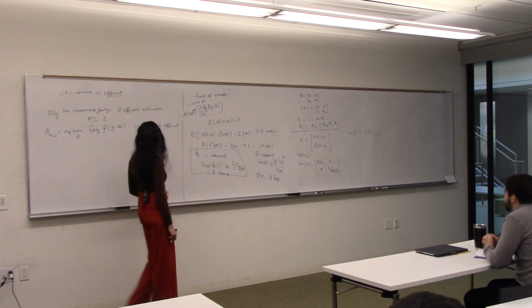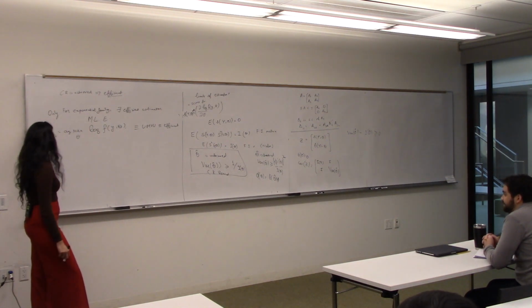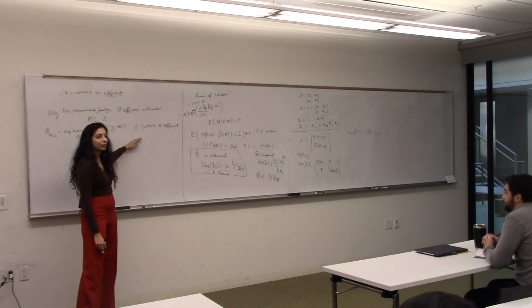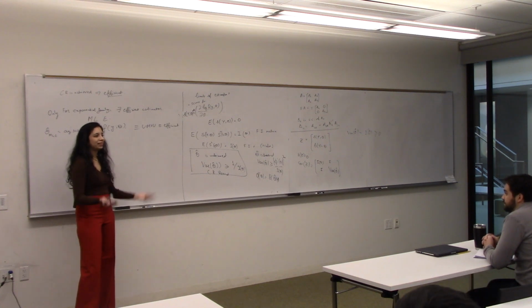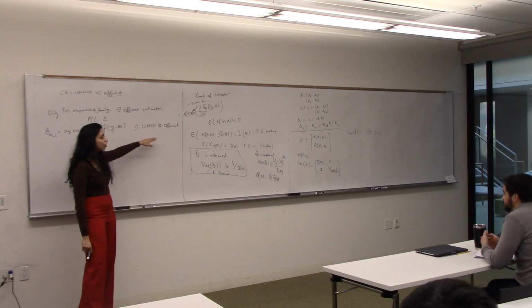The last result, which I didn't prove but will have in the notes, is this nice equivalence for the exponential family. Here, the maximum likelihood estimator is the same as the AMVU estimator. So you maximize the likelihood, you also get uniformly minimum variance, and it's also efficient.